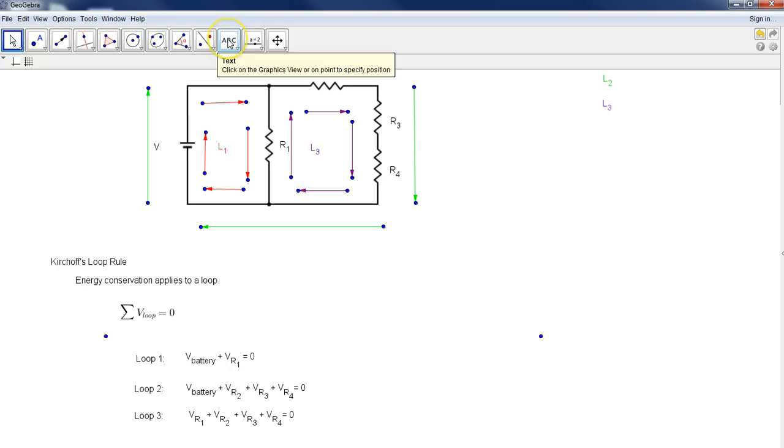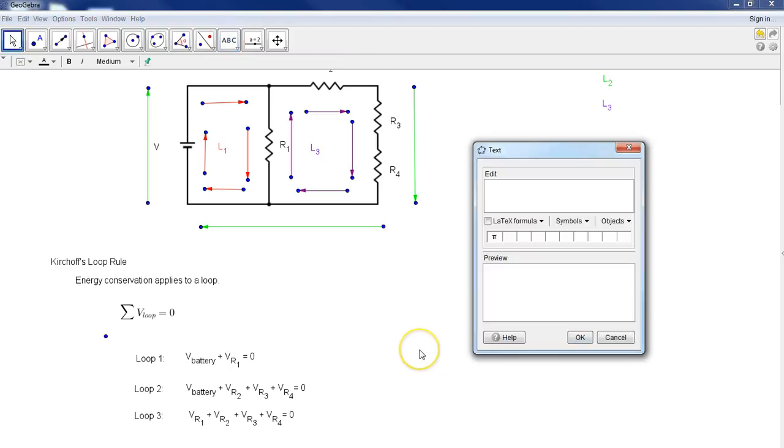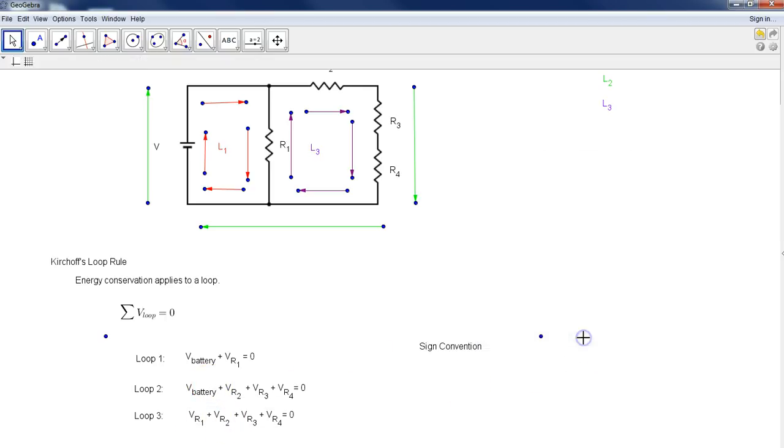Now there is a sign convention associated with the loop rule, meaning we have to be able to assign plus or minus to any one of these individual components as we pass them. The sign convention will apply to the battery.